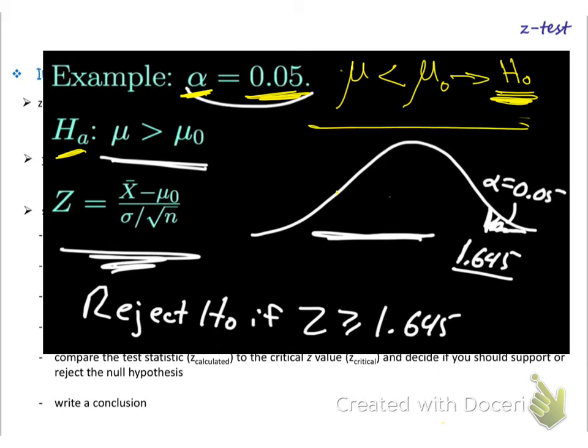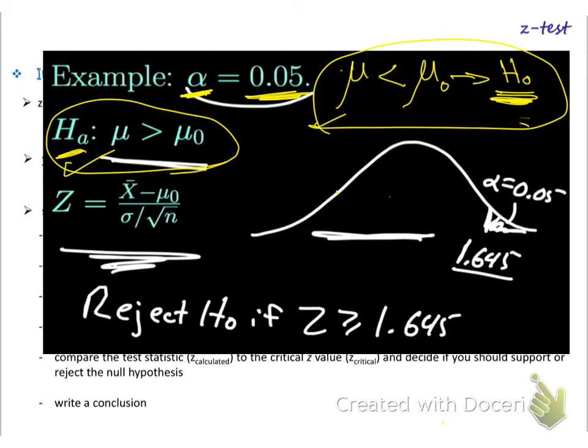I assume the null hypothesis, then I work on the alternative. If the alternative happens, this means the null was wrong. I try to prove this one. So the alternative is that mu is greater than mu naught, and let us assume alpha is 0.05 as given in the example.